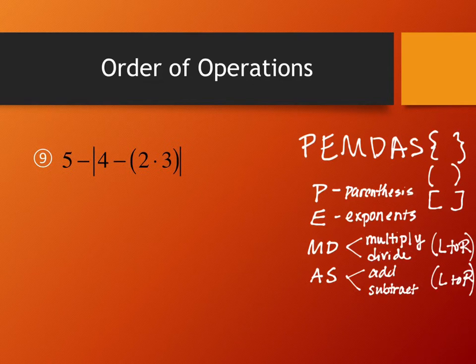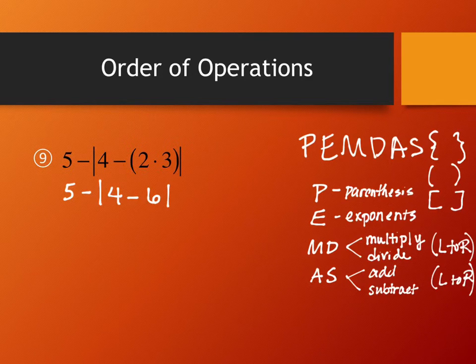So the first thing we would do is multiply 2 times 3, and that gives me 6. I don't need the parentheses around it anymore. The parentheses were simply for connecting the 2 and the 3 together, so I don't have to worry about using them any longer.